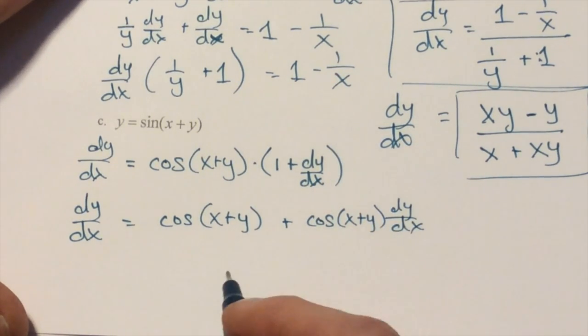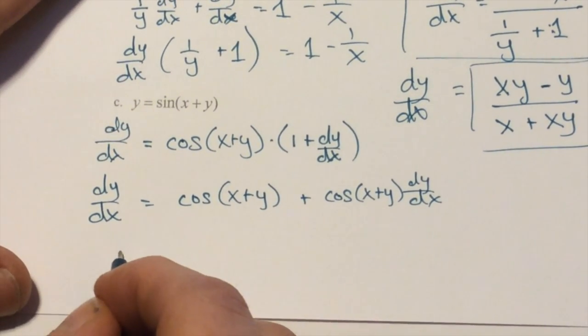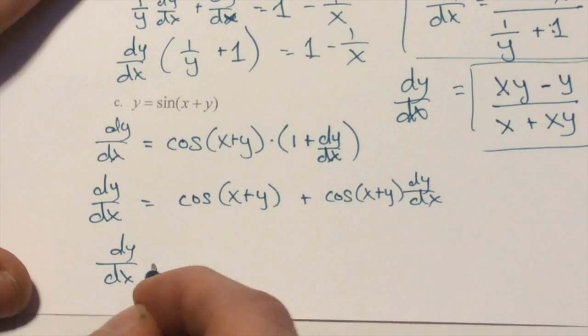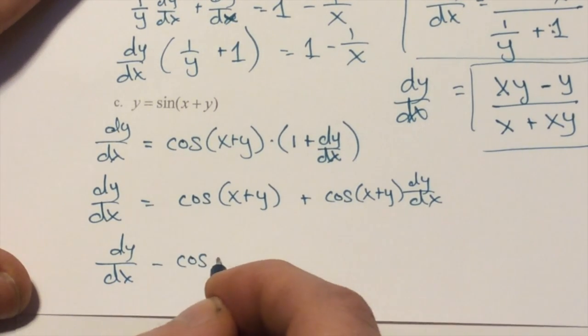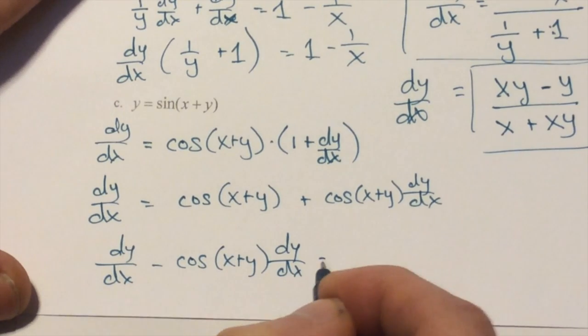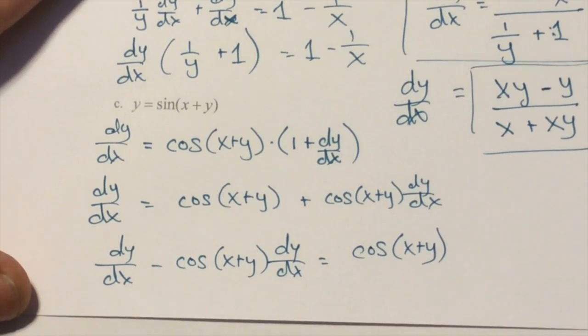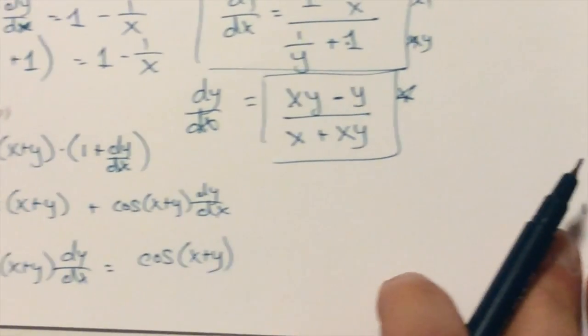I'm going to subtract this. So I have dy dx minus cosine x plus y dy dx equals cosine x plus y. Almost there. Factor out the dy dx.